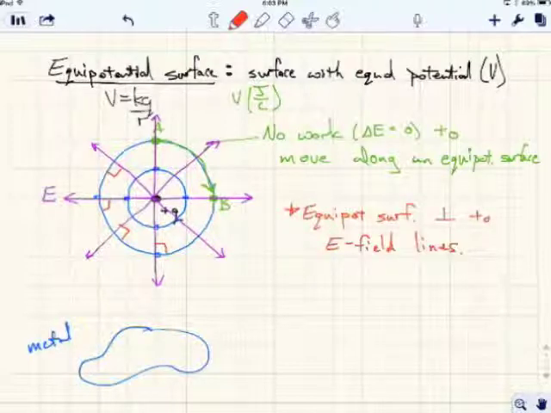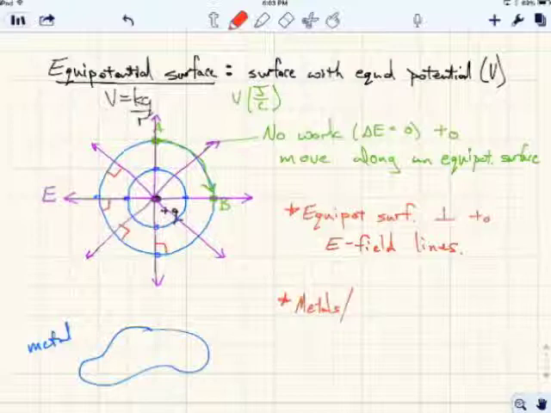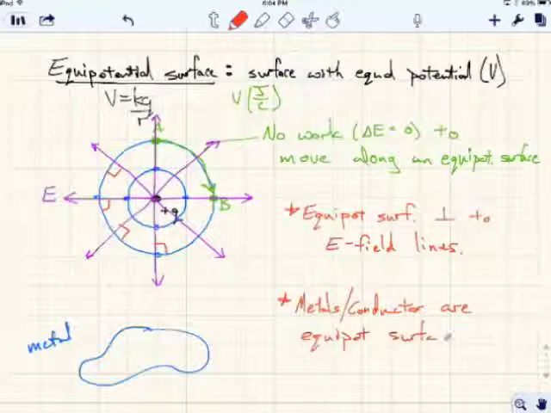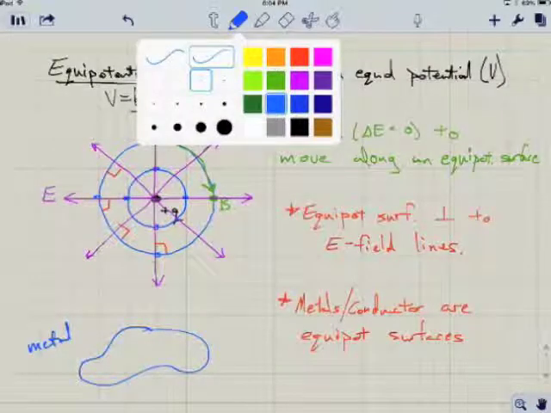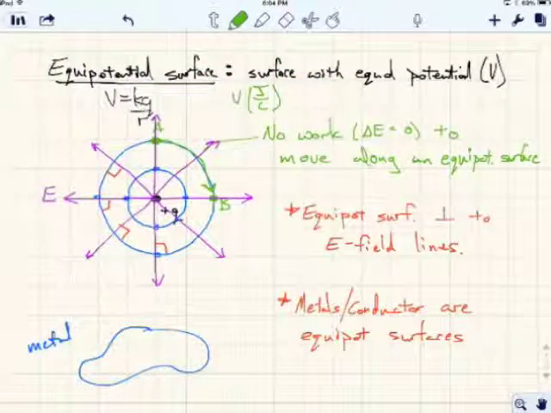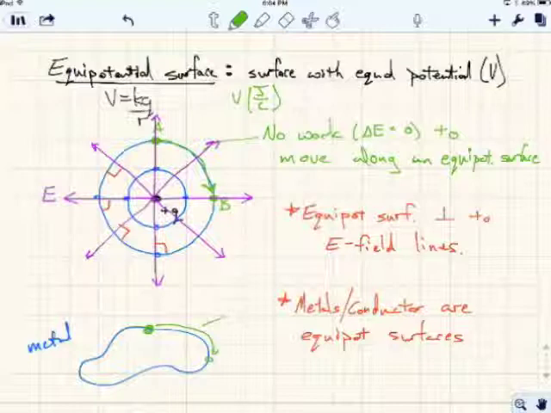There's one more fact about equipotential surfaces, and that has to do with metals or conductors. Any metal or conductor are equipotential surfaces. So if you have a metal shape, so some random metal shape, as the weird bean thing that I've drawn here, what we're saying is that if there were a charge on the surface and you wanted to move this charge around, it would take absolutely no energy to do so.